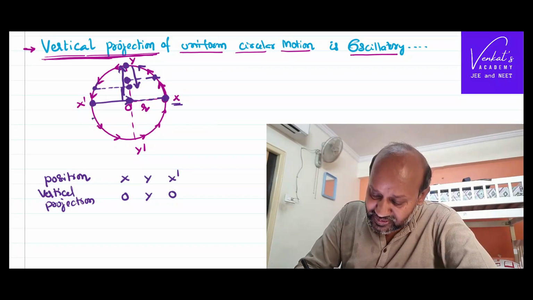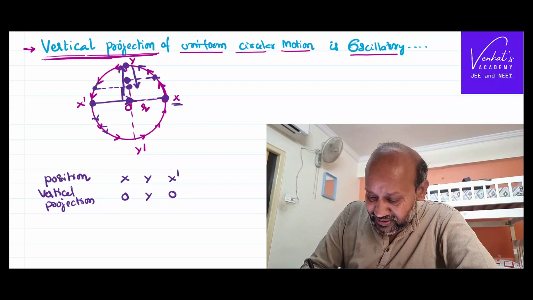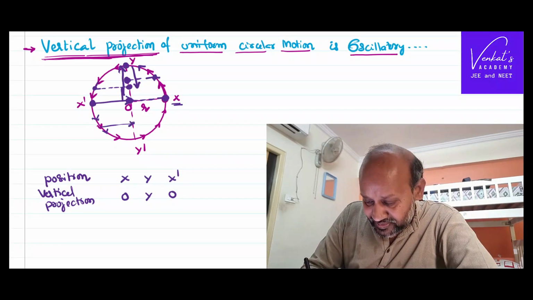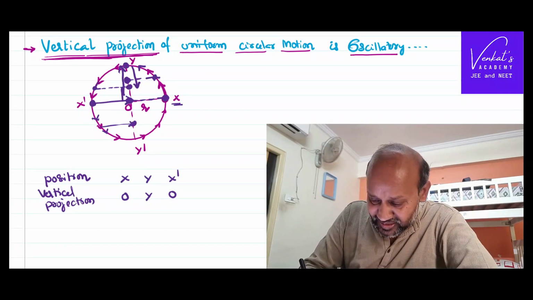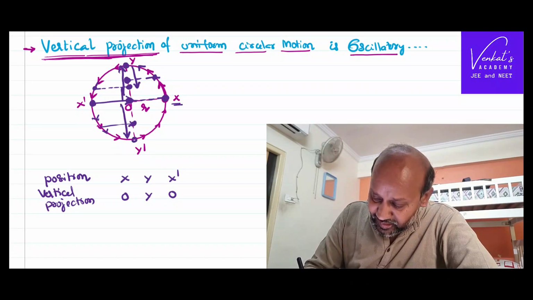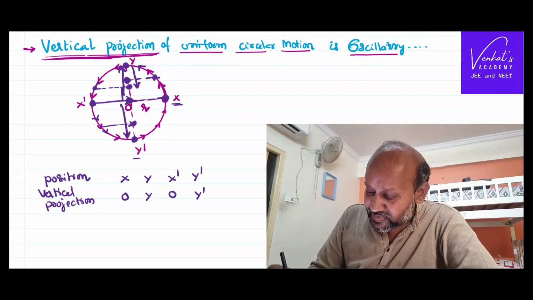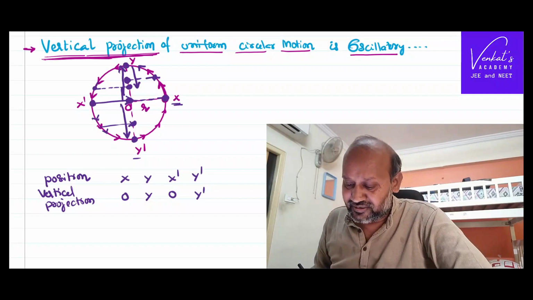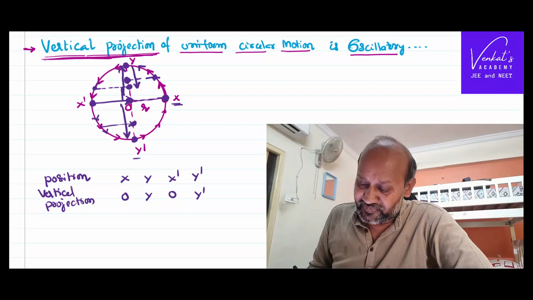So you came up to here, you are coming this way. Here is the vertical projection on the y-axis. So it has again started coming down. So when the body is at a position y dash, on the negative y-axis, the vertical projection is also on y dash because y dash is on the y-axis itself.